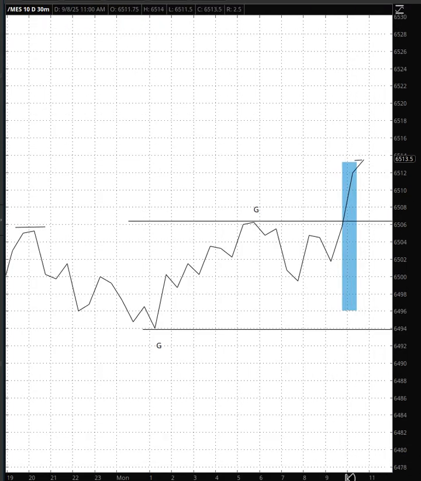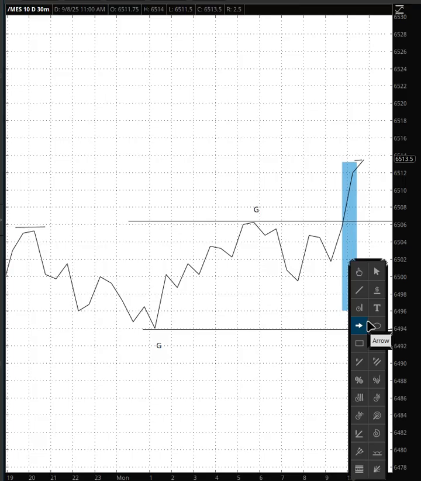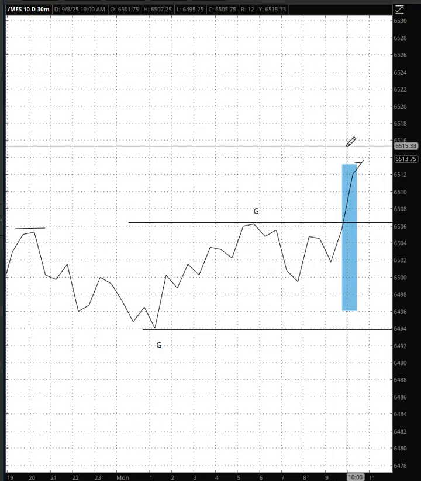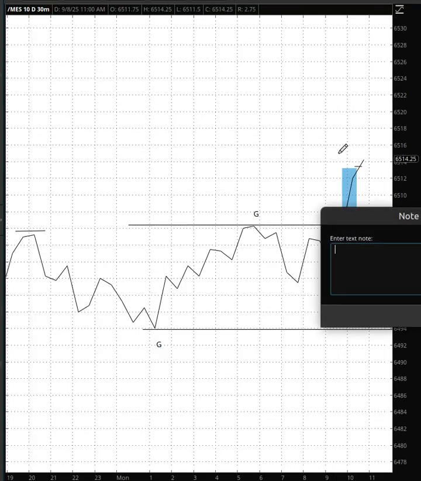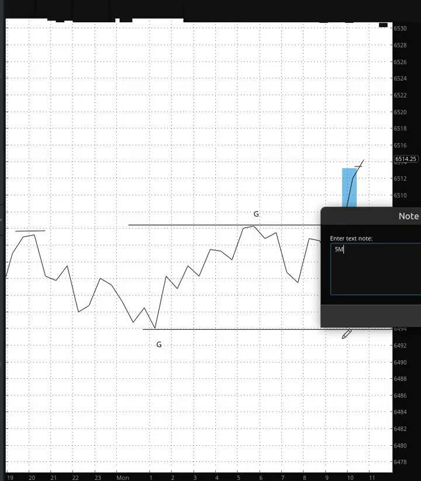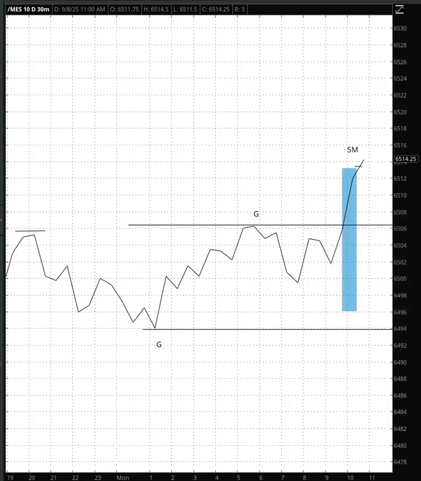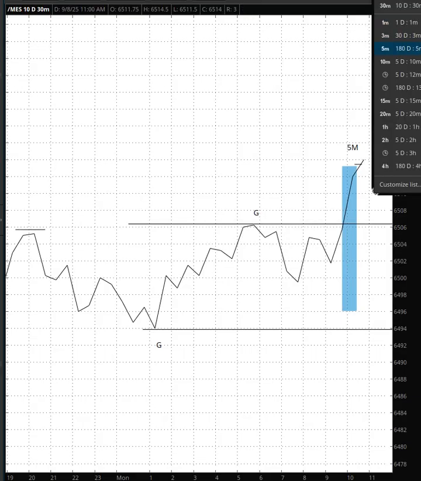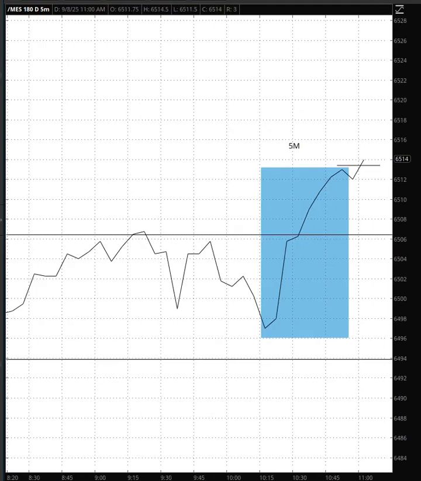All right, so we can label this as a 5M slider, all right, as a reminder. And we watch that 5-minute fractal.